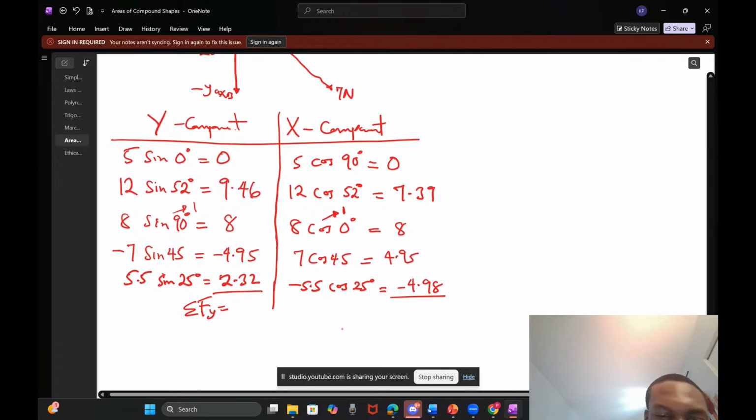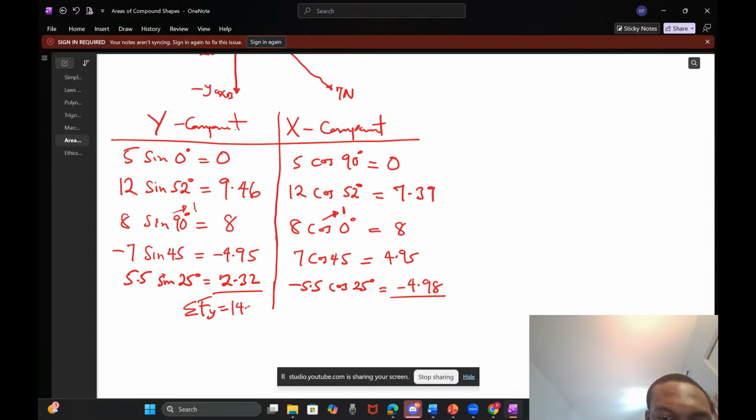So that will give us 14.83. Okay. So now let's add up the right hand side. So that's 7.39 plus 8 plus 4.95 minus 4.98. So summation Fx will be equal to 15.36.